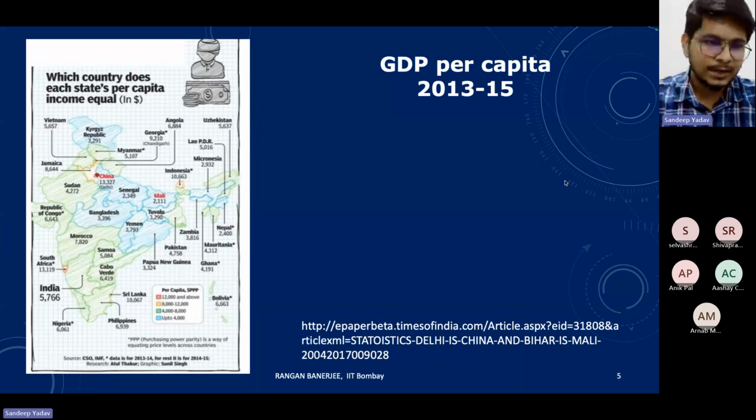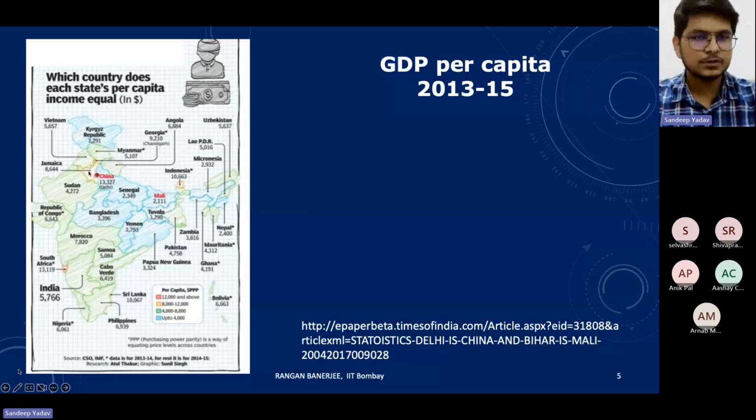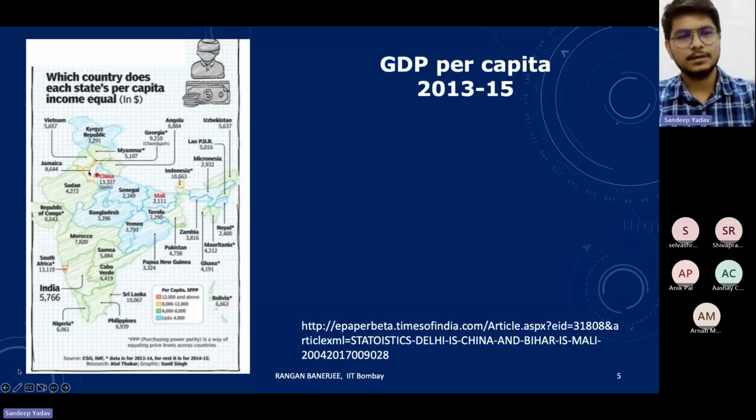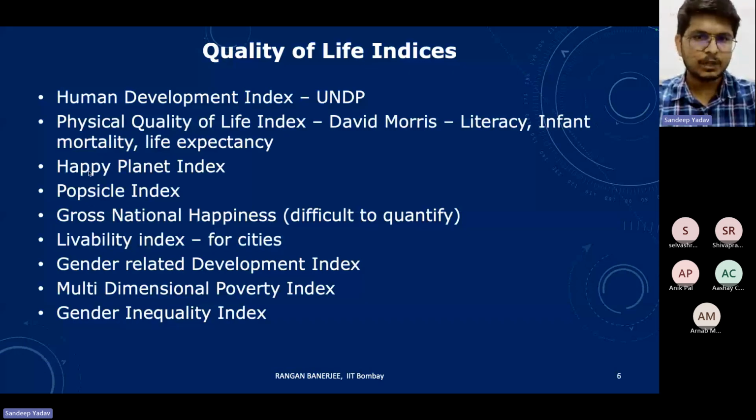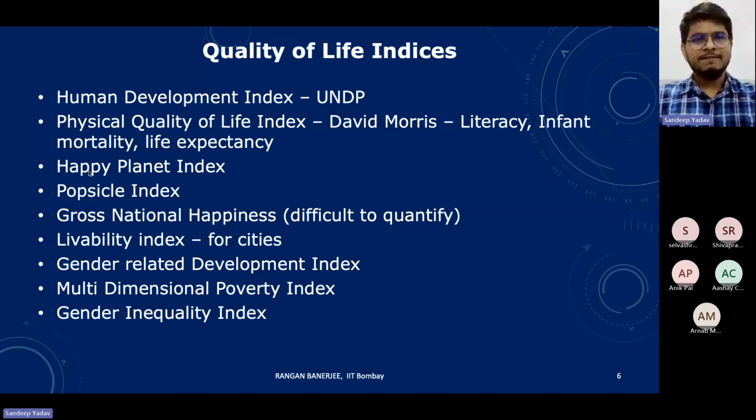If you see more details, this graph shows the various states of India and represents the GDP per capita from 2013 to 15, compared with different countries of the world. Now the quality of life depends majorly on the Human Development Index.